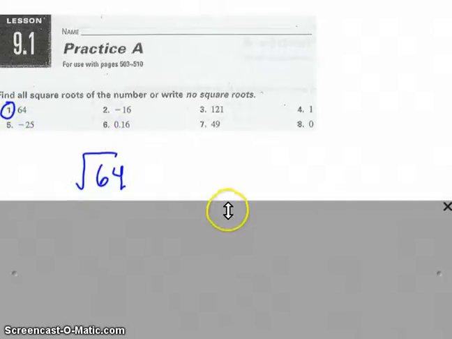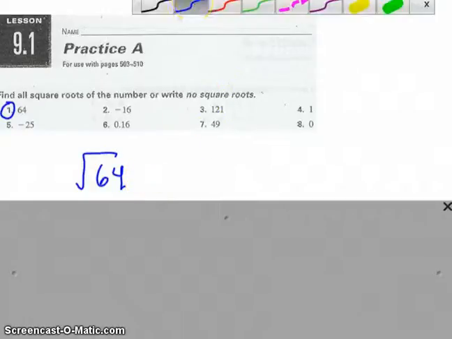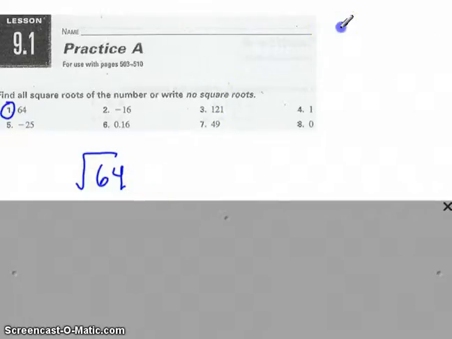Now, it's up to you whether you want to memorize square roots or you just want to memorize squares. If you want to memorize just squares, and you do at least have to do that, you need to know that 1 squared equals 1, for example, and 2 squared, oops, my pen's not working so great, is it, equals 4.